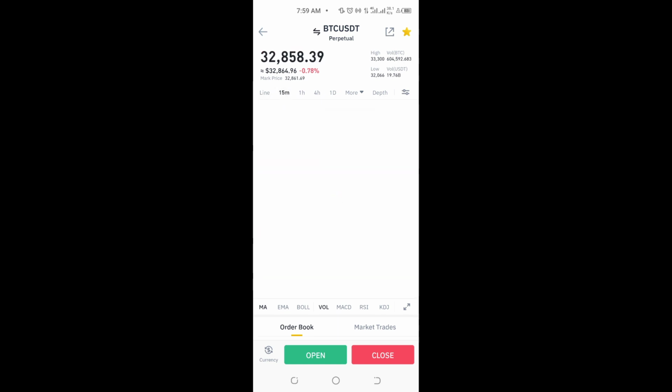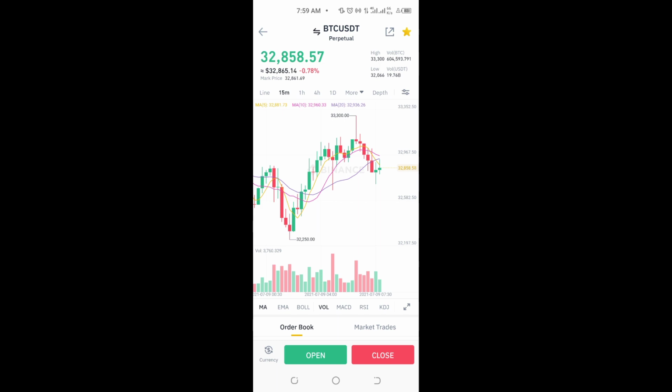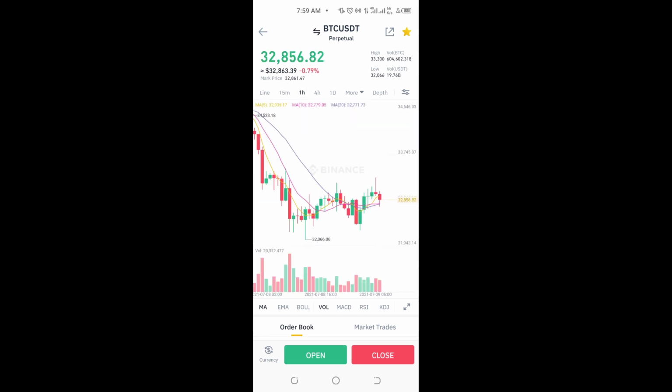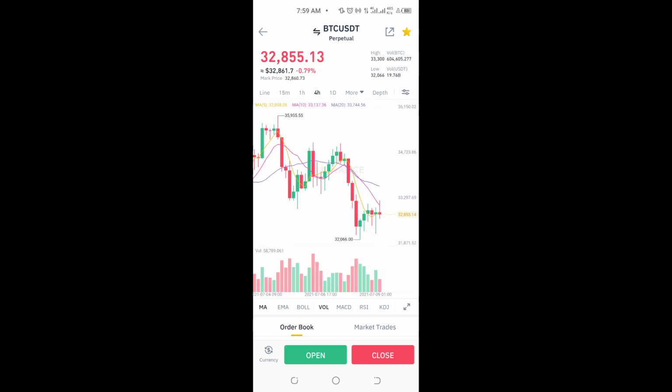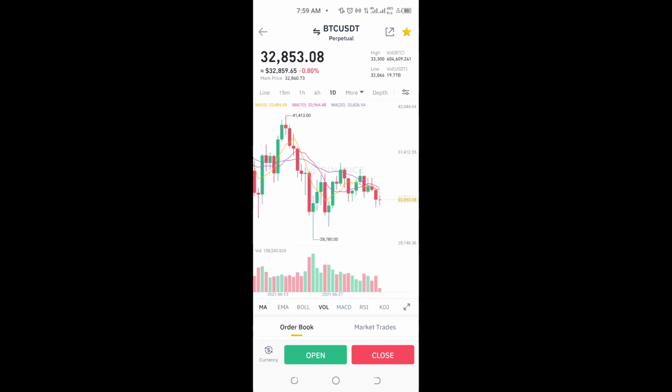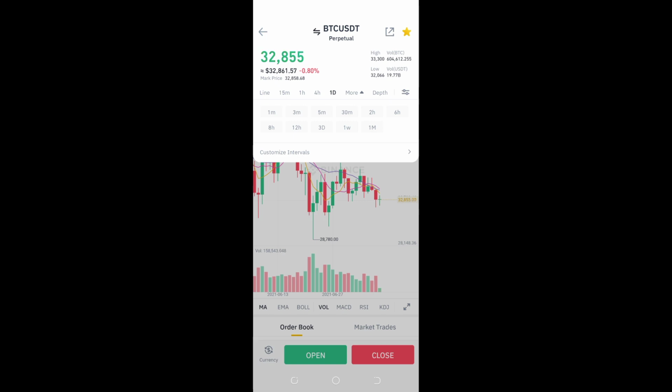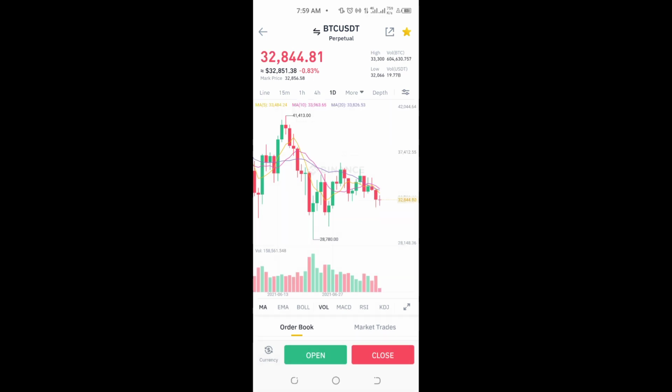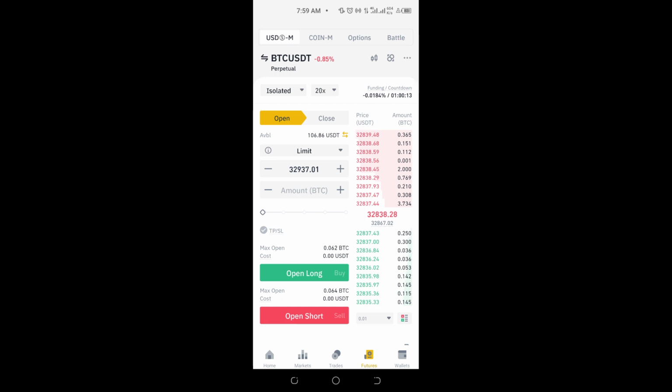Looking at time frames, we have the 15-minute time frame, 1 hour, 4 hours, the daily time frame, and more. So you can select maybe 1 minute, 3 minutes, 3 days, 1 week, 1 month, and so on. So let's go back.